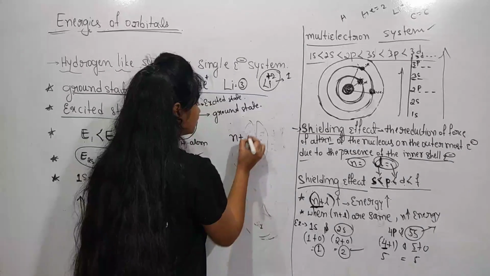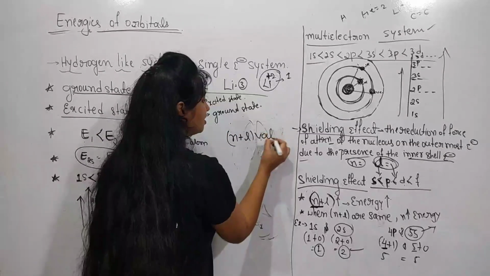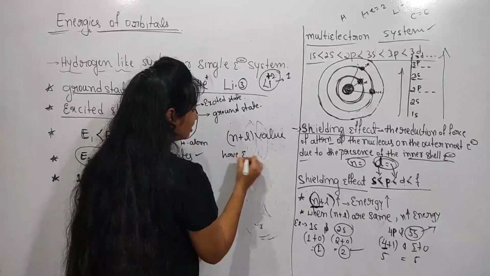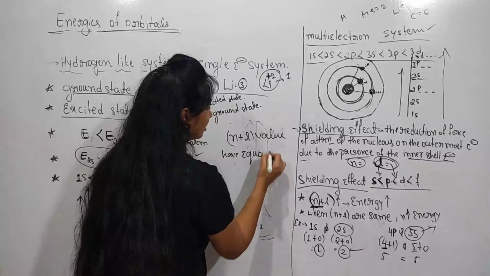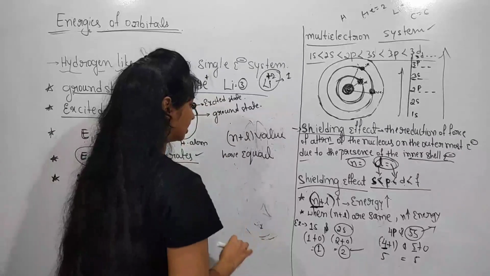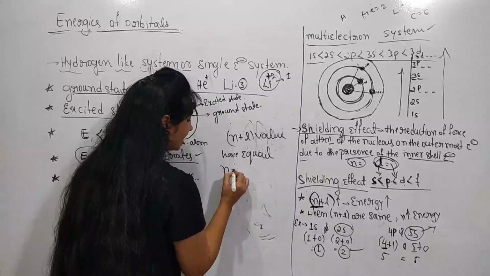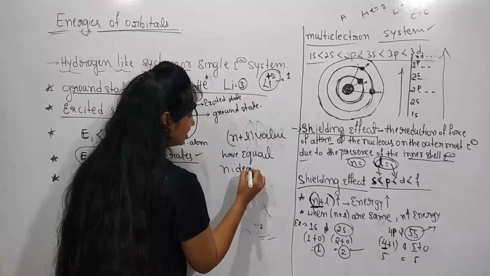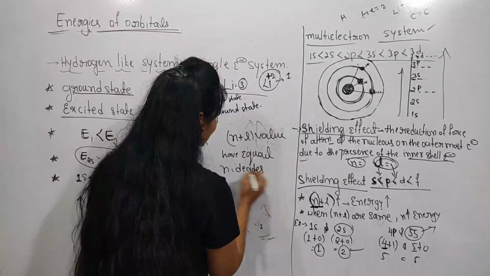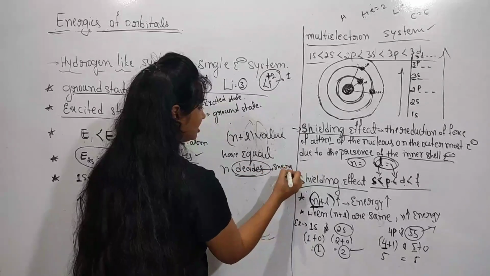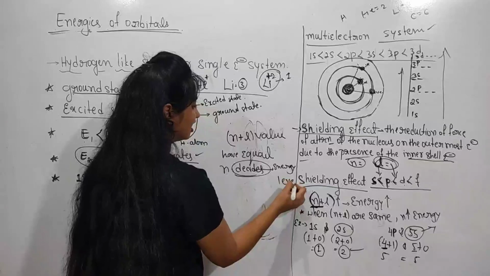When the n plus l values are equal, then what happens? The n decides the energy level.